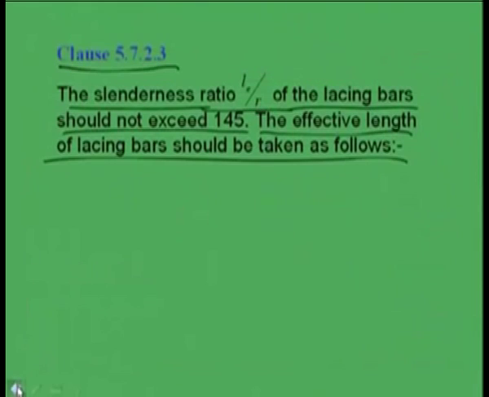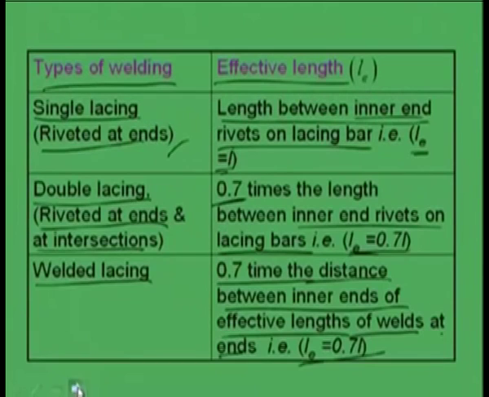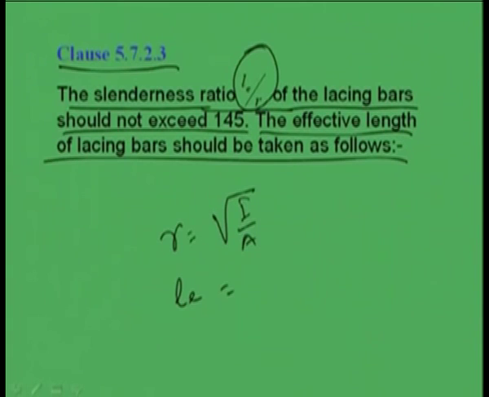Why is it required? Because the slenderness ratio has to be calculated from this effective length, LE by R. Now, R we know is nothing but the square root of I by A of the lacing system, and LE we can find from this table, and then we have to see whether it is exceeding 145 or not.